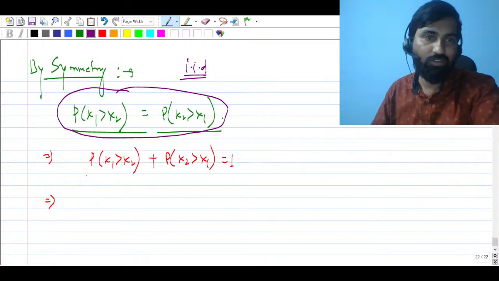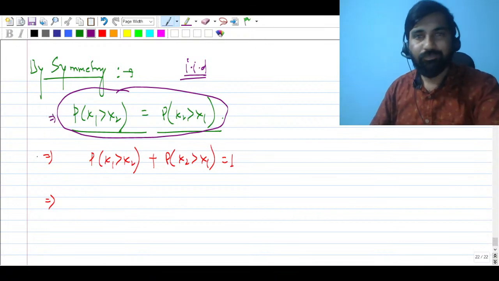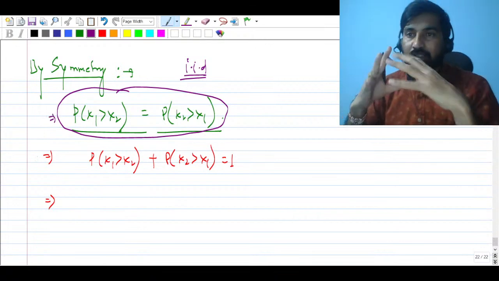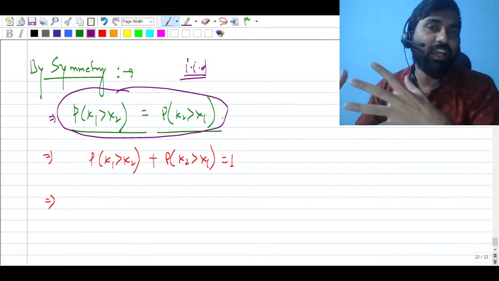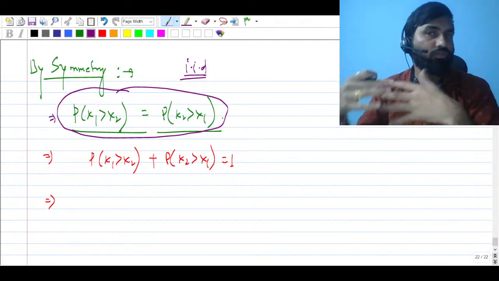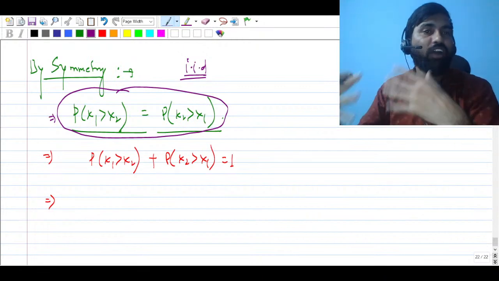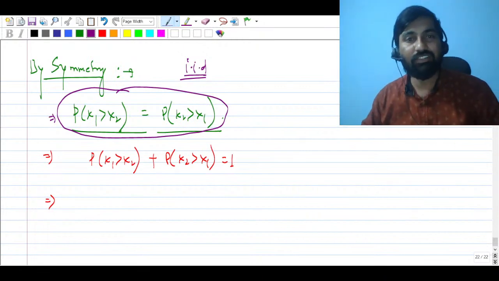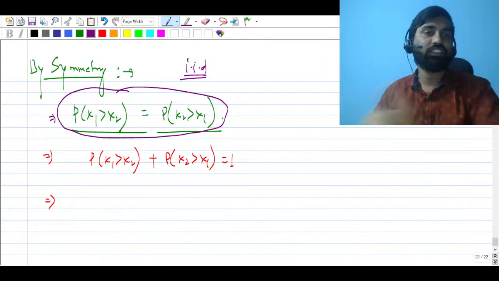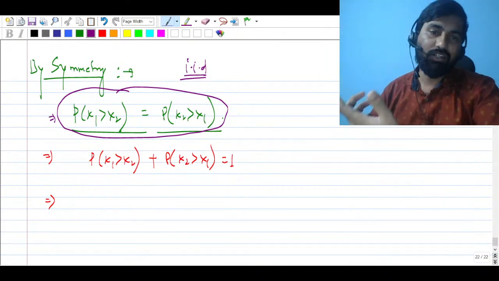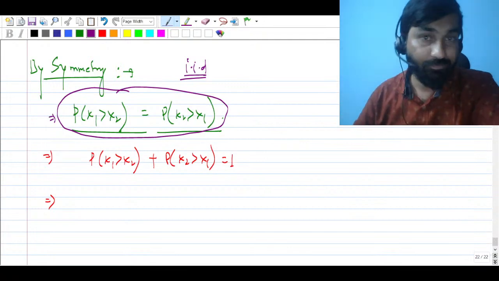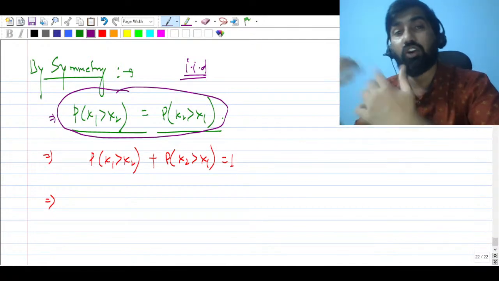At this moment I have considered two random variables. In future, in your exam, they can give you three, four, five, or many random variables. Then you have to use the symmetry concept. You can't use double integral or triple integral. I mean, you can use them, but that will take a lot of time.